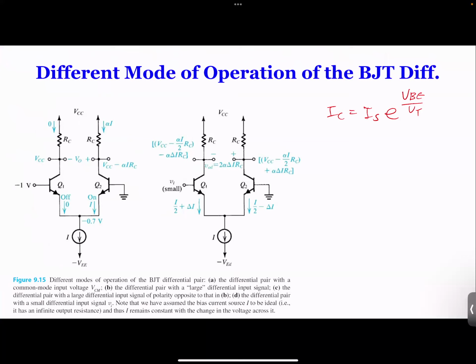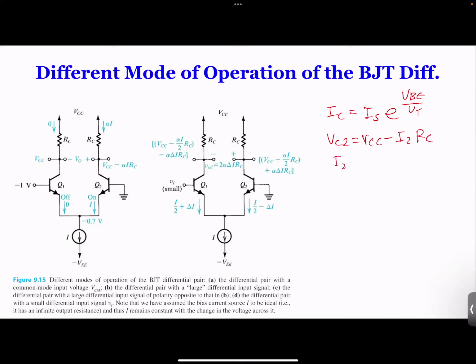So then the equation we can write is VC2 will be VCC minus I2 times RC.